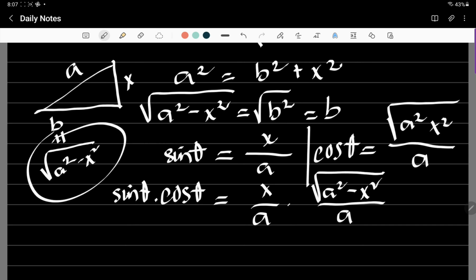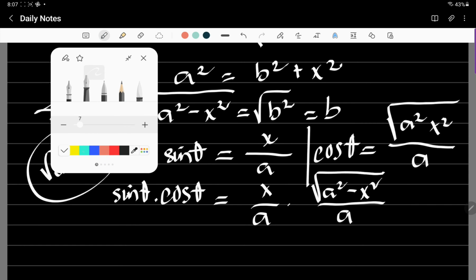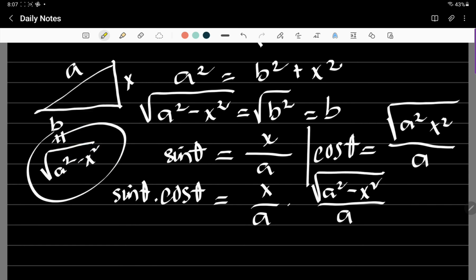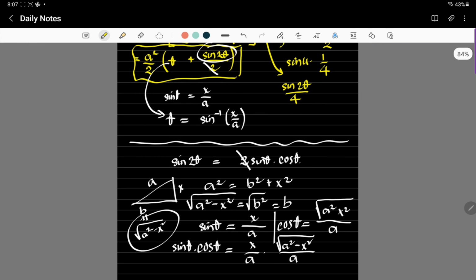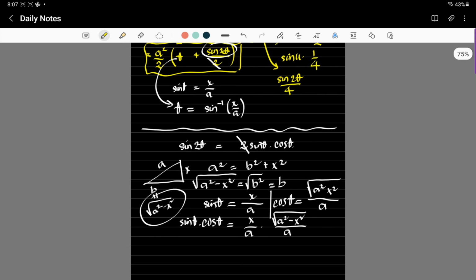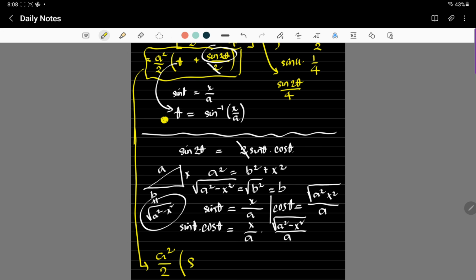Let's go back to the normal color we have here. Okay? So now in this case, let's make it smaller so we can see it here. I'm going to bring this over here. So we have a squared over 2. Good? And for theta, I have sine inverse of x over a.